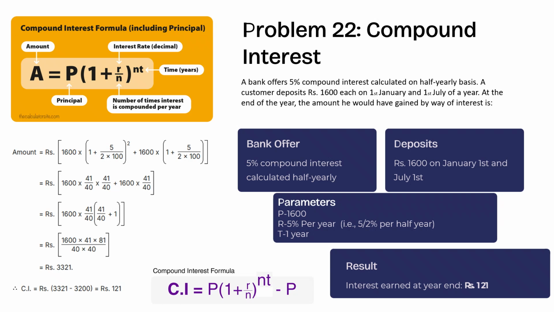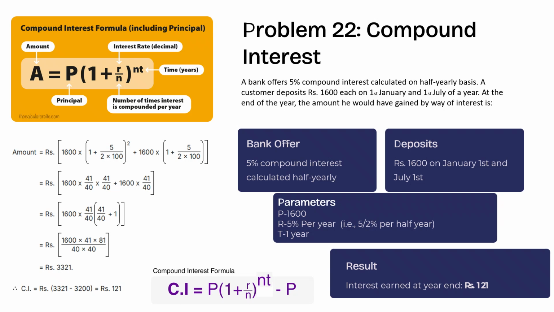At the end of the year we need to find what the interest is, so we mention that in this formula. If we simplify 1 plus 5 divided by 2 into 100, it will come to 41 by 40.